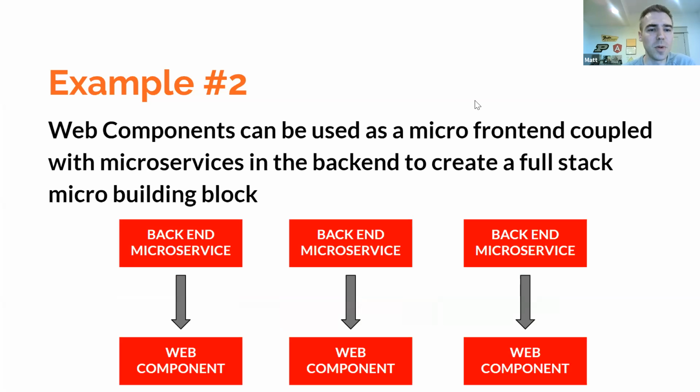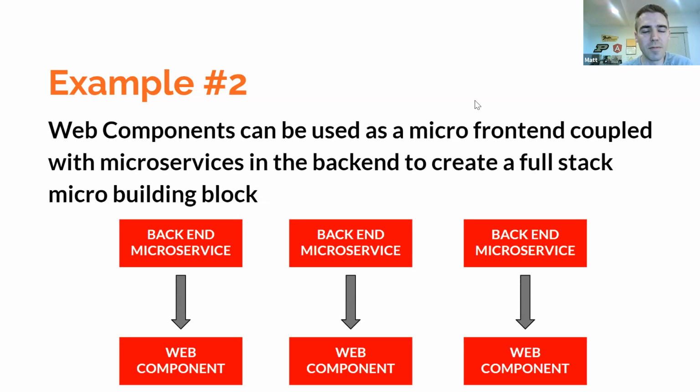Another example of where you might use web components or Angular elements is coupled with a backend microservice. So a lot of teams are using microservices on the backend, but web components kind of give you a way to pair that to a small micro front end, and then you can couple those together and use them as a full stack micro building block.